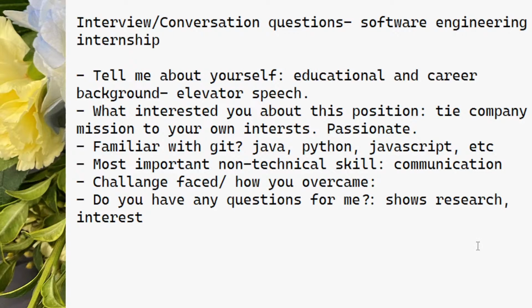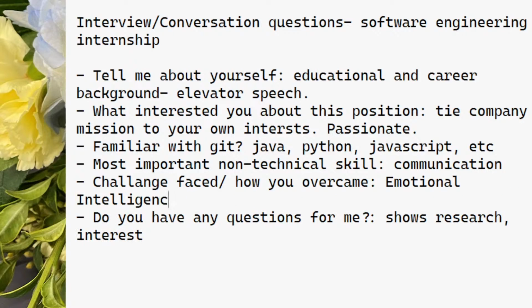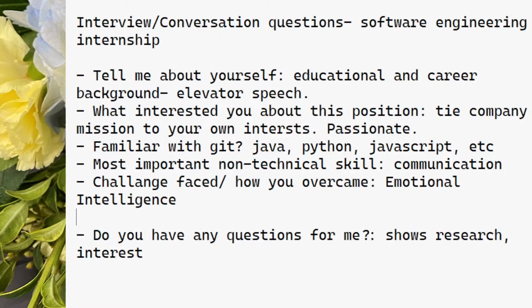They also want to know that they're getting someone with emotional, what is it called? EQ? Emotional quotient? Emotional intelligence. Intelligence. Okay.